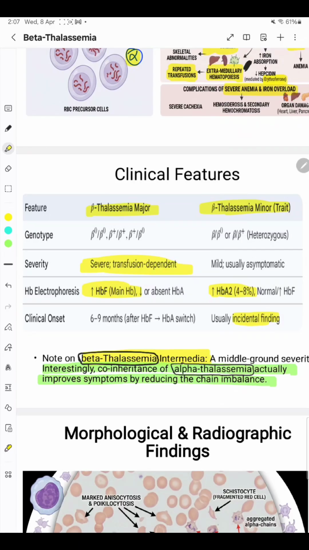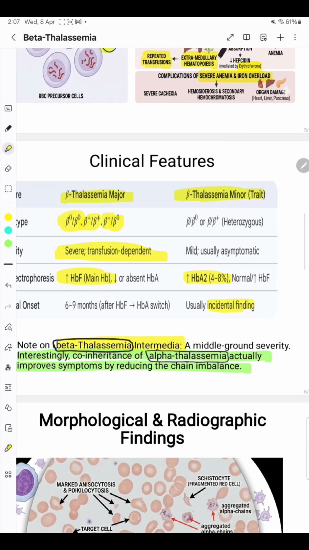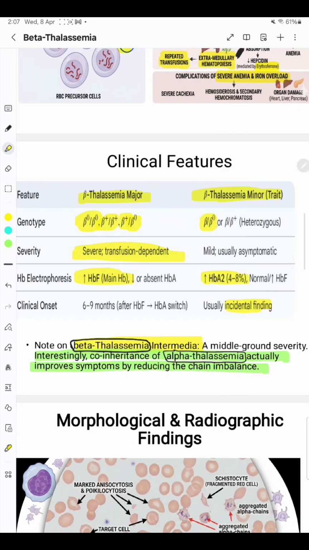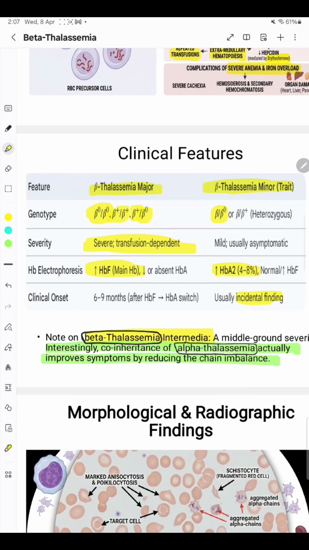The genotype of beta thalassemia major is homozygous beta 0, or homozygous beta plus, or double heterozygous beta plus and beta 0. In beta thalassemia minor, one beta globin gene is normal and the other can be deficient or completely absent.